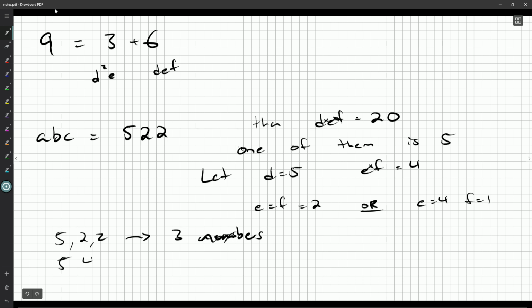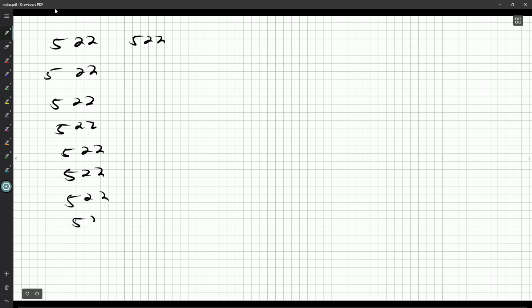But if you have a 5, a 4, and a 1, because they're 3 different numbers, we get 6 new numbers. And we could even write them out. Yeah, so I'll get a total of 9 numbers starting 5, 2, 2. You don't have to write them out to prove it. I've got a little bit of time, so I figured I will. 252, 225. So those are the 3.